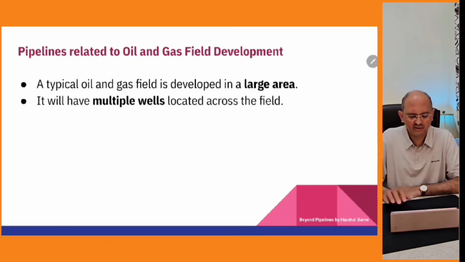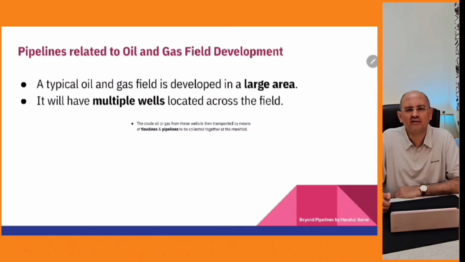field. So there will be multiple wells drilled across the area, and those wells are drilled in different stages. Initially, a few wells will be drilled to check the performance of the field, and then once the performance is proven, the field will be further explored.